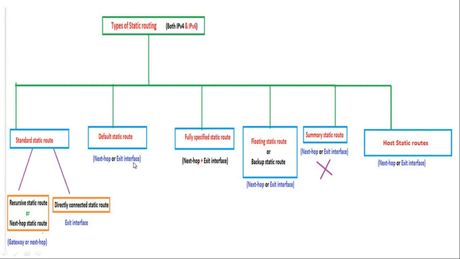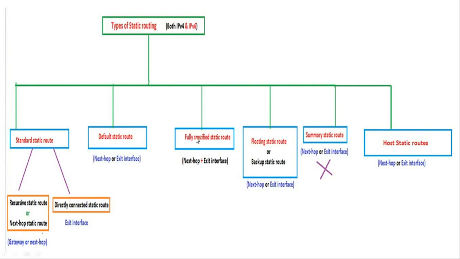For example, if the question says configure next hop default route, that time you have to use next hop. If the question says configure directly connected default static route, that time you have to use exit interface. So which one you have to use, next hop or exit interface, depends upon the question.